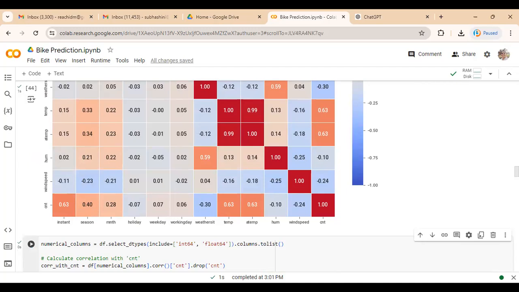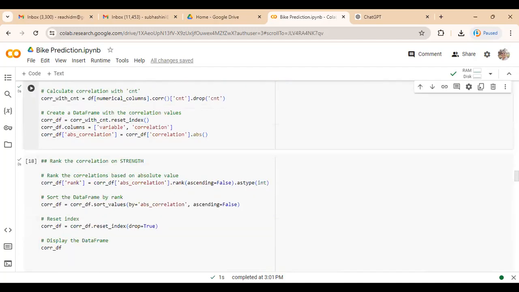Now, obviously, it's not so easy. The number of columns is quite big. So we really find it a bit difficult to figure out which are the values which are most correlated to the y variable, which is the count. So what we do is we try to create, through the system itself, a ranking of the correlation of each of the variables with the count or the y variable.